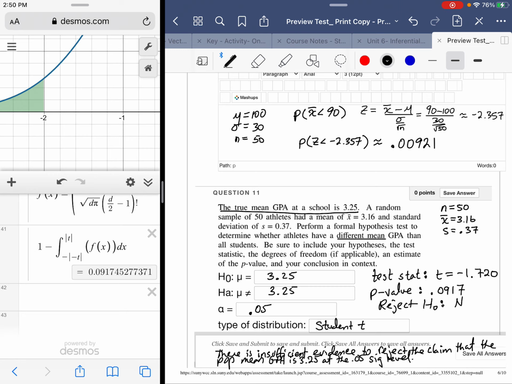So the first sentence addresses the null hypothesis. The second sentence answers the question whether athletes have a different mean GPA than all students. So therefore the claim, so 3 dots in the form of a triangle.